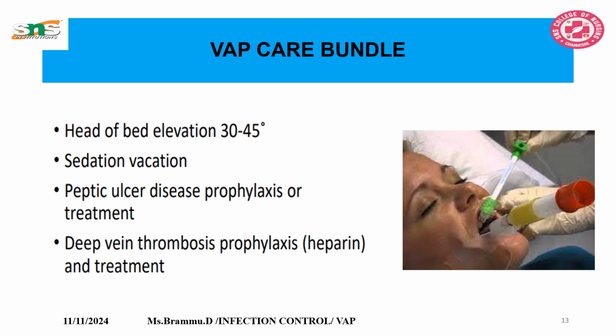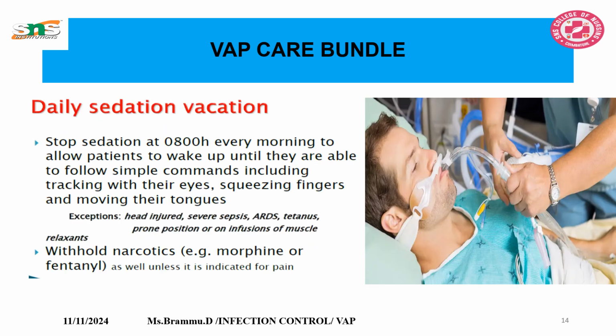The VAP care bundle states head end elevation of 30 to 45 degrees, sedation vacation, that is we give some space from sedation and assess the orientation of the patient. Peptic ulcer prophylaxis, that is ranitidine or pantoprazole, can be initiated. Deep vein thrombosis prophylaxis either by using the Flotron pump or TED stockings or prophylactically through medication such as heparin.